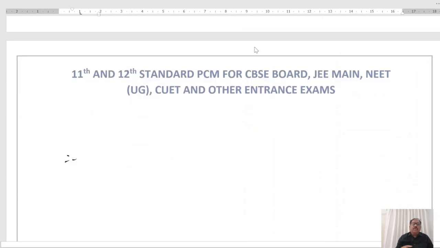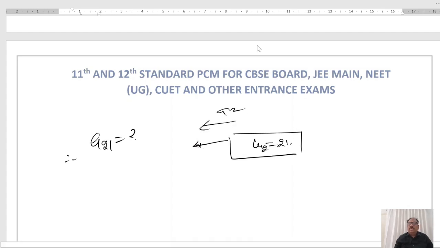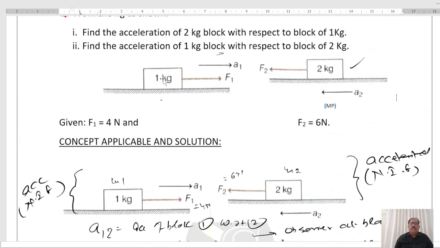Similarly, for A21, A21 means M2, that is 2 kg. F2 is acting on this one. A2 is in this direction. A1 is moving to the right side, the acceleration is on the right side.